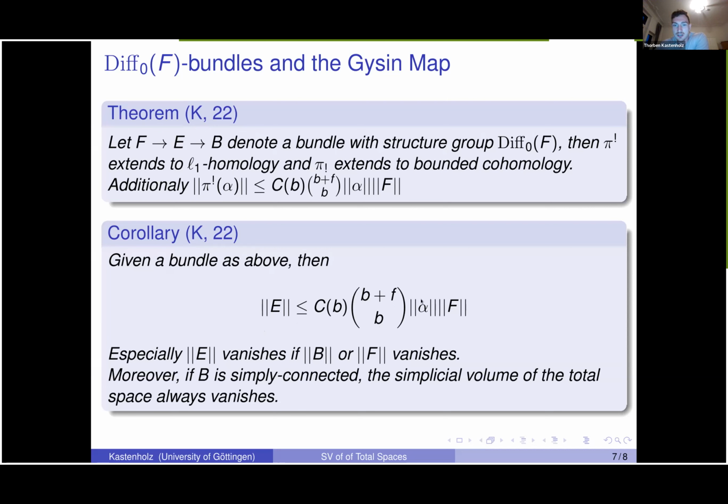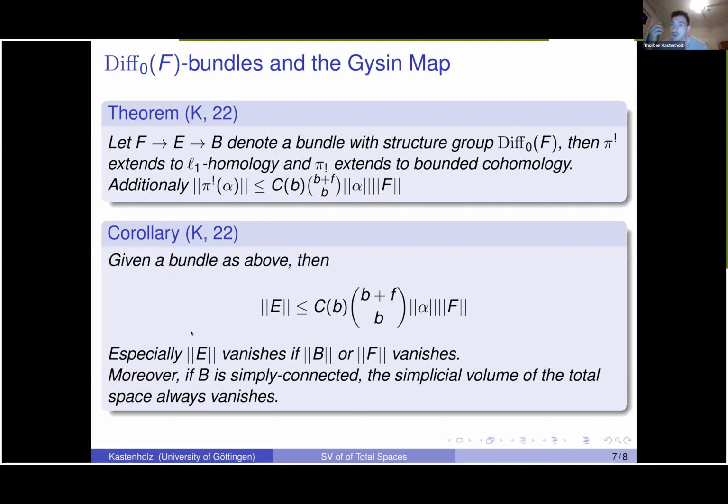So alpha here, can you see my cursor? Hopefully you can see my cursor. So the alpha here in the corollary should be a B. So the simplicial volume of the total space is bounded by some constant times this binomial coefficient times the simplicial volume of B times the simplicial volume of F. So in particular, we get that if either the simplicial volume of B or the simplicial volume of F vanishes, then the simplicial volume of E vanishes as well.